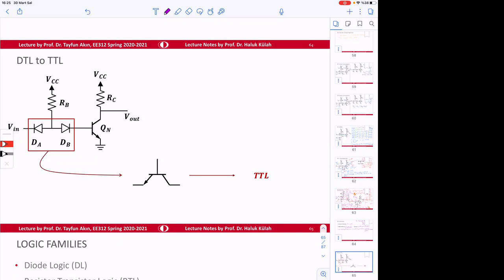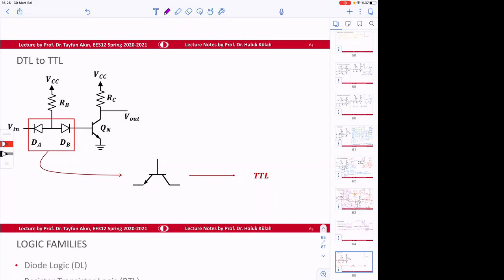Why do we prefer TTL? Actually, if you go to the market today, you cannot really find DTL circuits, but still, I'm sure you can find TTL gates coming from maybe early times.